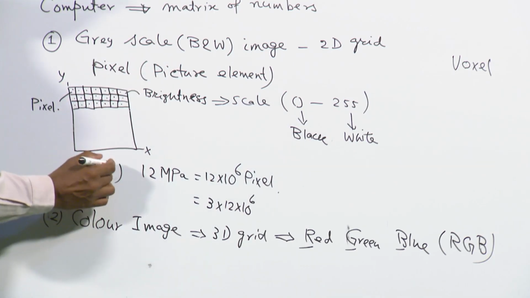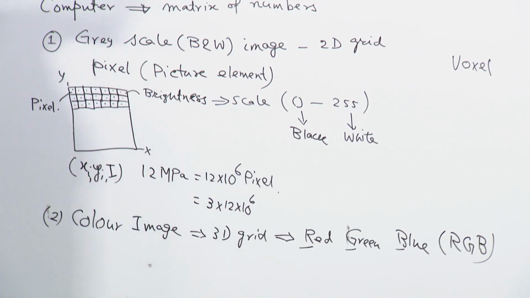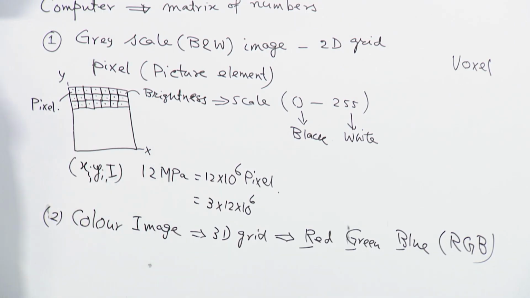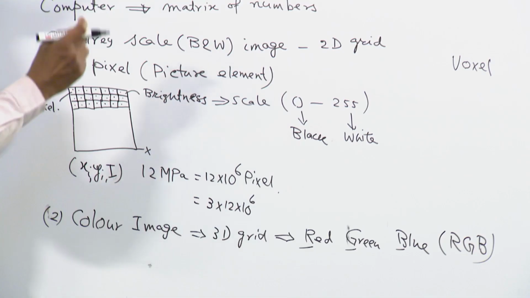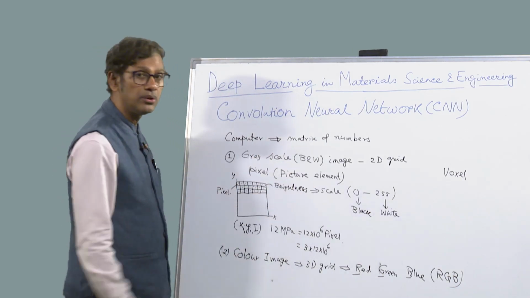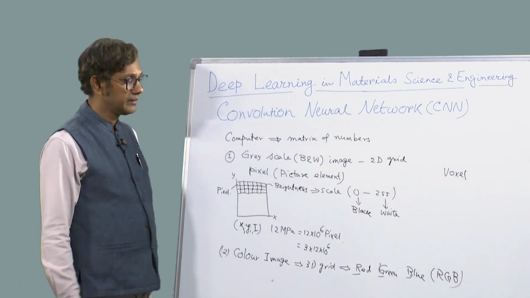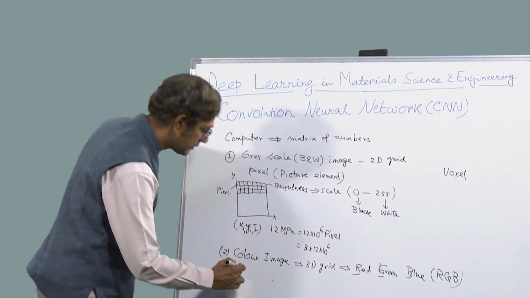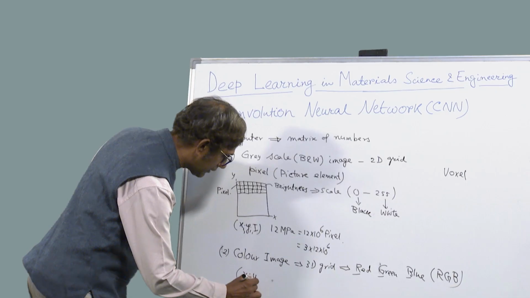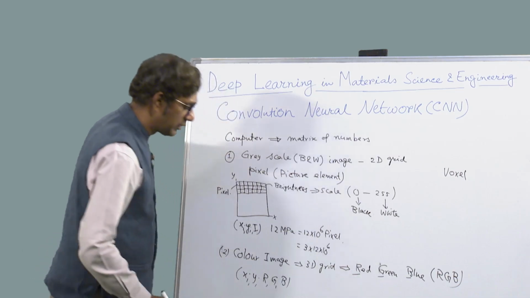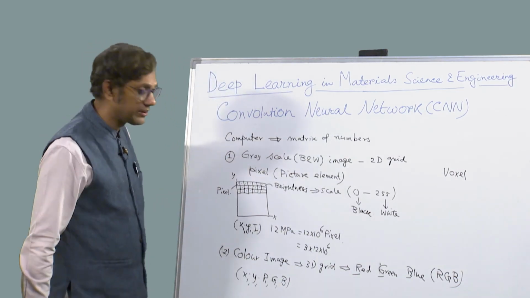So, for grayscale it is xi, yi and I. For a color image you have not only the x and y coordinates, but also red, green and blue. So, you have xi, yi, red, green, blue. Every pixel will have 5 elements to be stored.